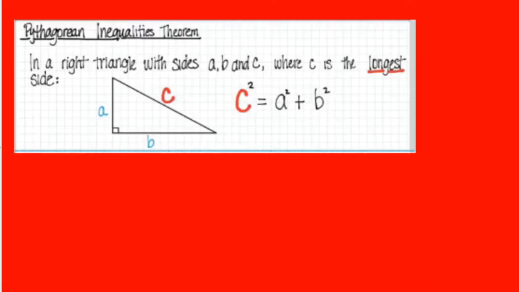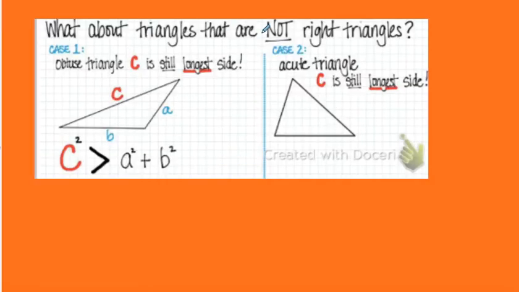So let's take a look. First of all, let's go back to this idea of a right triangle. As long as c is the longest side, if c squared equals a squared plus b squared, then the triangle is right. So we could test it. But again, we're back to obtuse and acute. Well, there's two cases. We can get the case where c is still the longest side, but c squared is greater than a squared plus b squared.